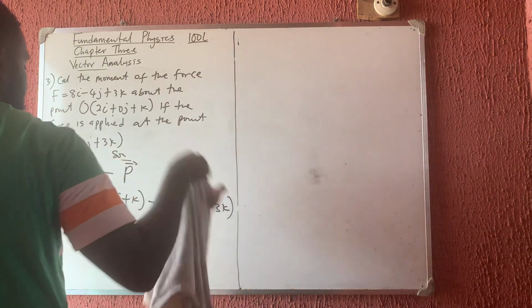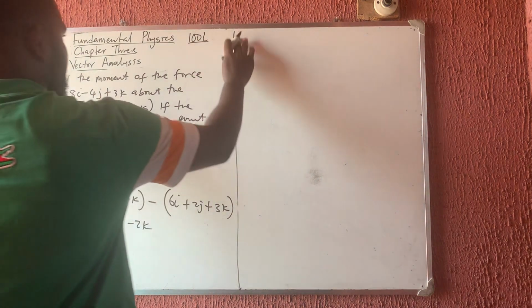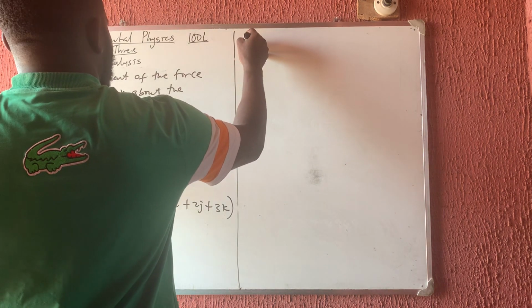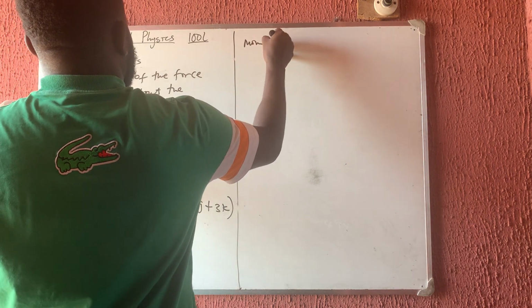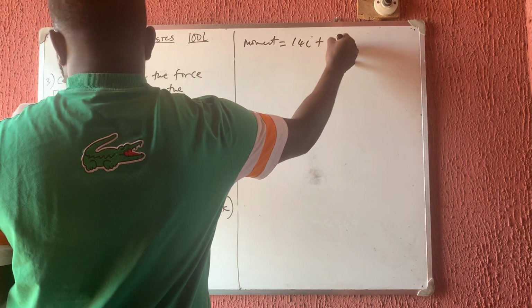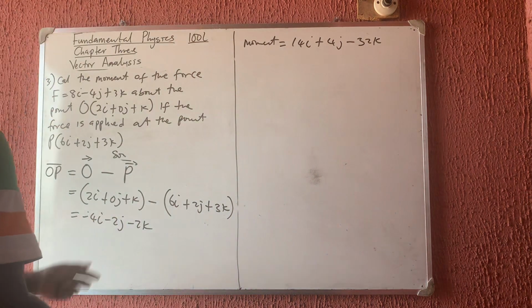Now sometimes they will give you the answer. When they did their own calculation, they got that the moment is equal to 14i plus 4j minus 32k. So check if it's the same thing you got if you use this one.